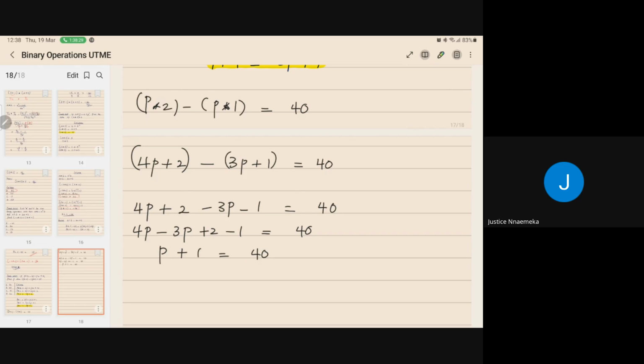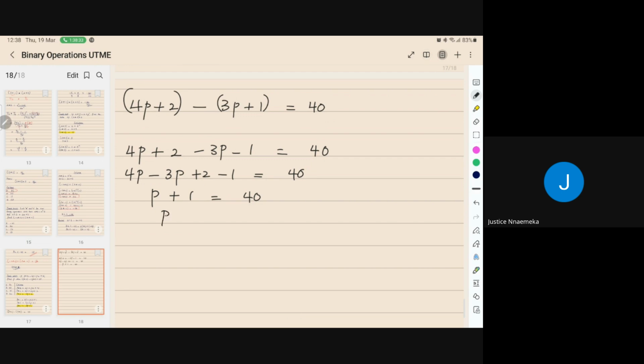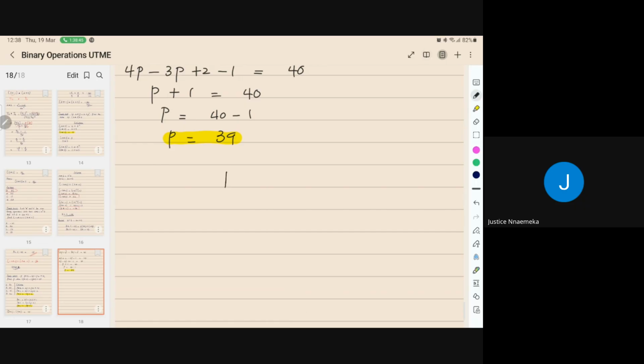So therefore, we have that p will be equal to 40 minus 1, so that p equals 39. Right? So final answer, we have that p is equal to 39.